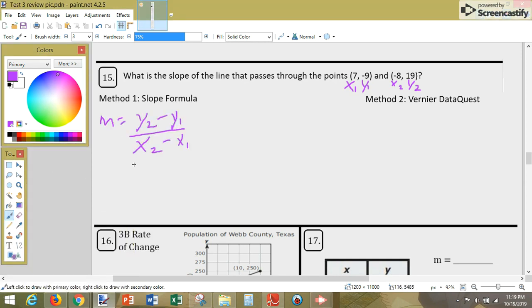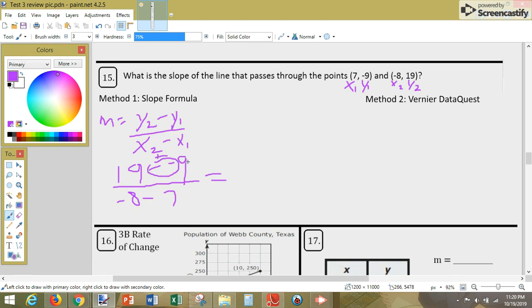So we have our given formula. y2 is 19. Then we have minus y1, which is negative 9. Make sure you put both the minus and the negative. All over x2, which is negative 8, minus x1, which is 7. The two negatives make a positive.